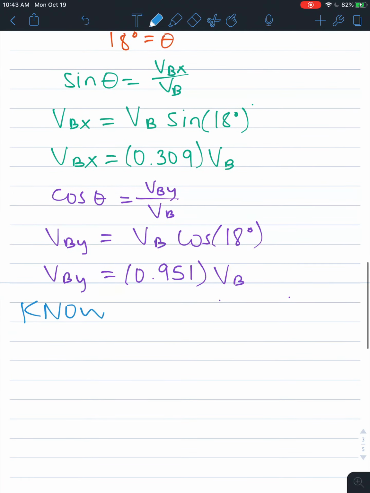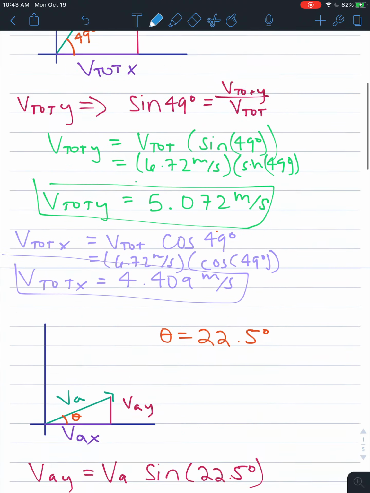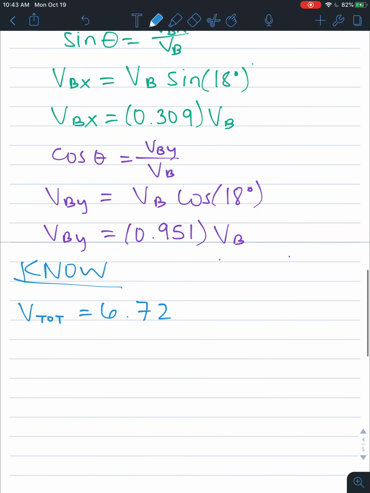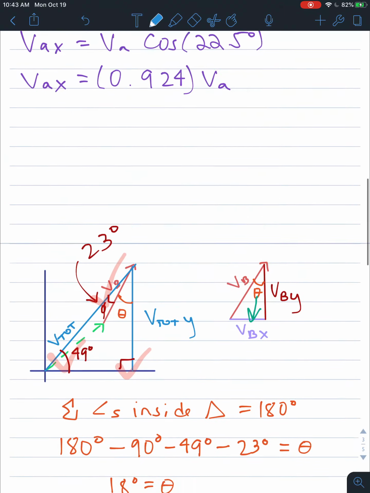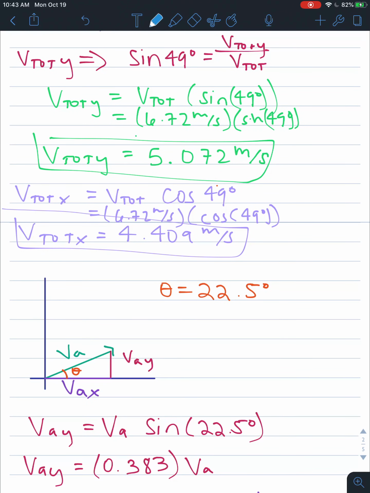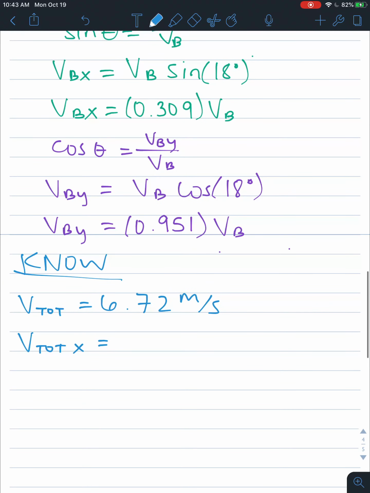All right. I know what we've done so far might seem a little disjointed, so let's go ahead and write out what we know. We know that V tot is equal to that 6.72 meters per second. We know that V tot x is 4.409 and V tot y is 5.072.